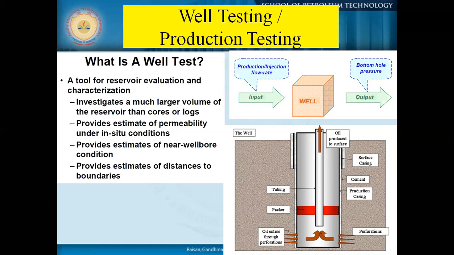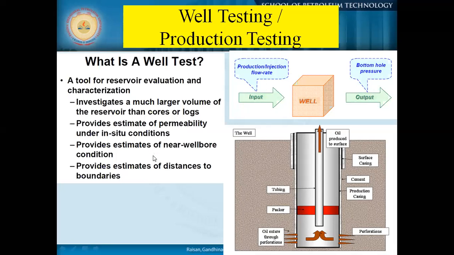So whatever we have learned so far, we try to understand our reservoir in the form of either core plug study, or maybe from log study, or maybe from the thin section small chip study. Okay, that gives us some idea about the static behavior and the reservoir type. But once we do a well test, that will give us a much larger volume of the reservoir than core and logs, and provide estimates of permeability under in situ conditions.